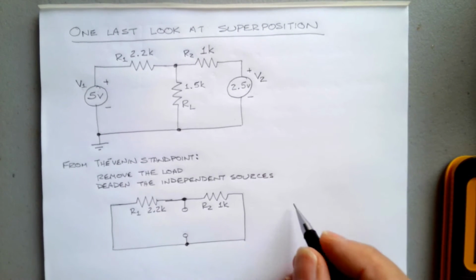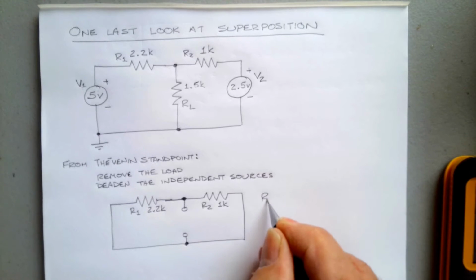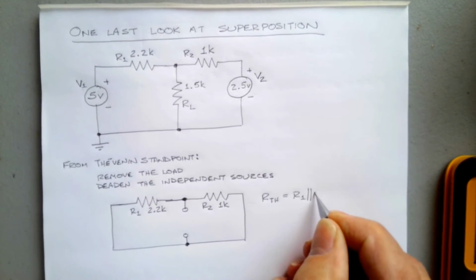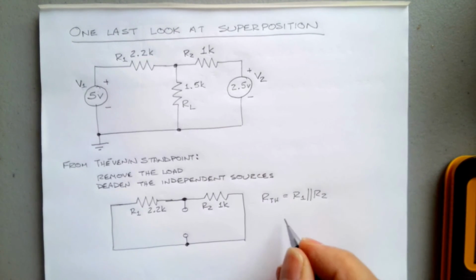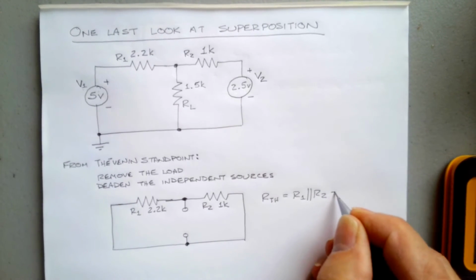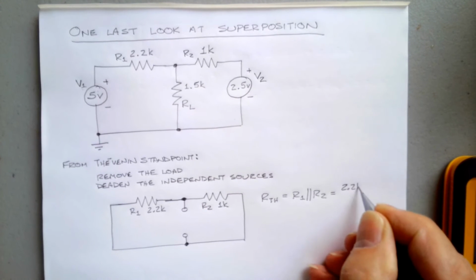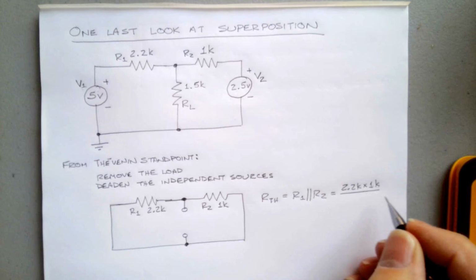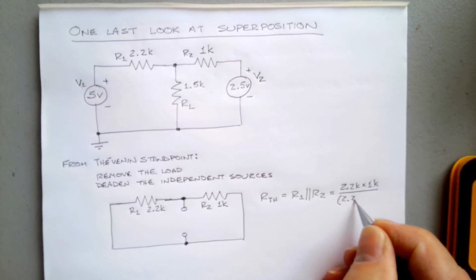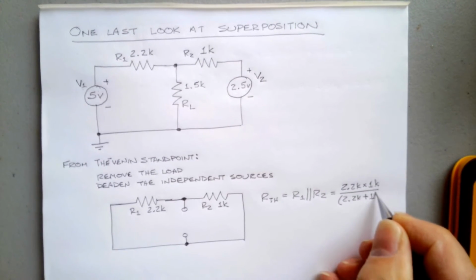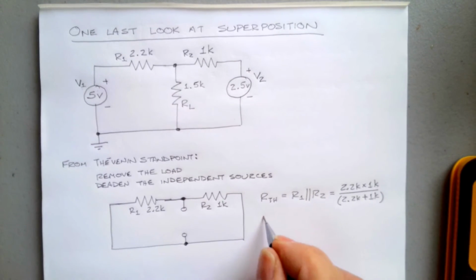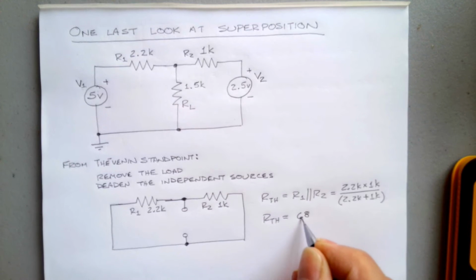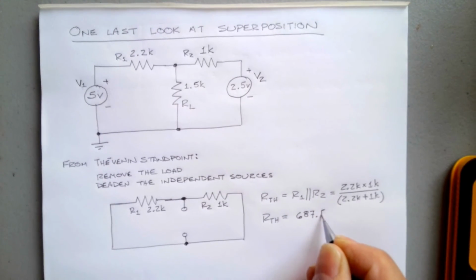So we now have R Thevenin equals R1 in parallel with R2, which is 2.2K times 1K over 2.2K plus 1K. And so R Thevenin is equal to 687.5 ohms.